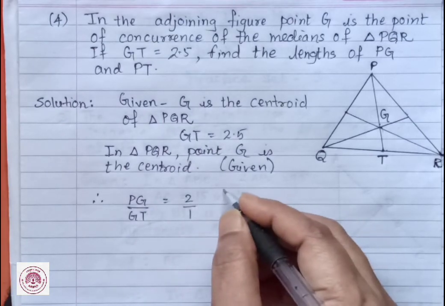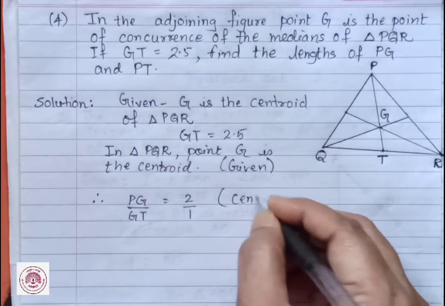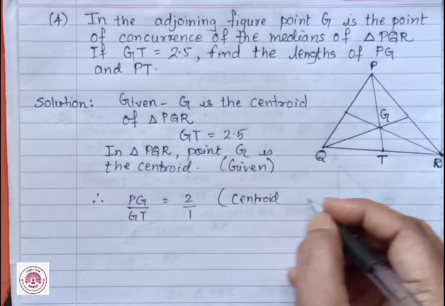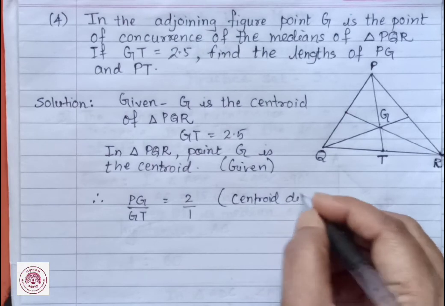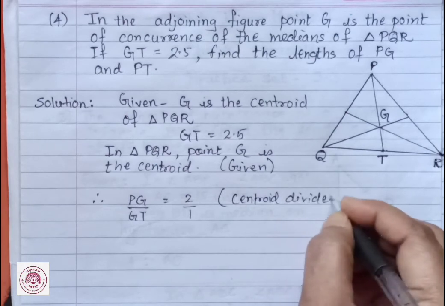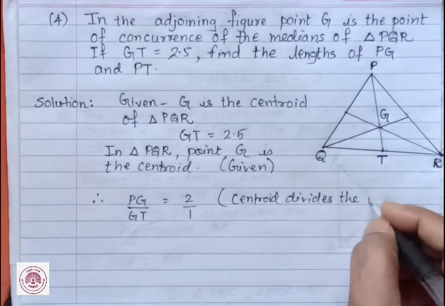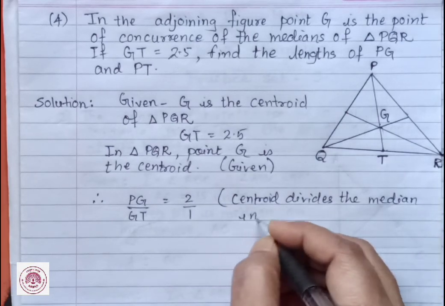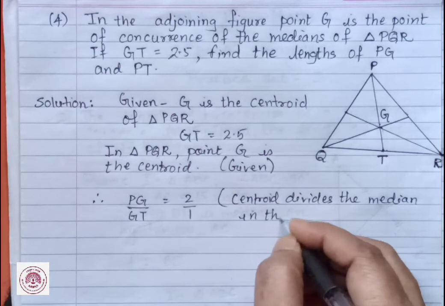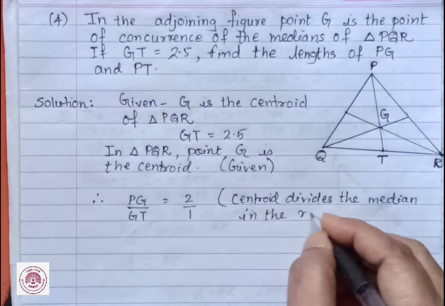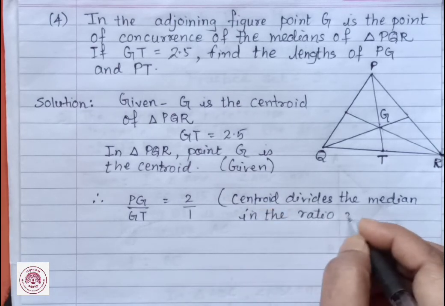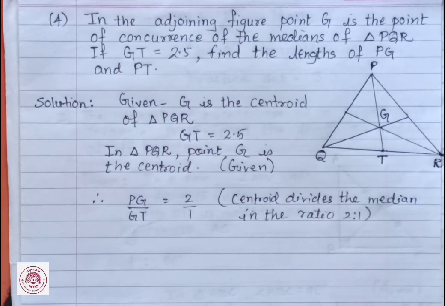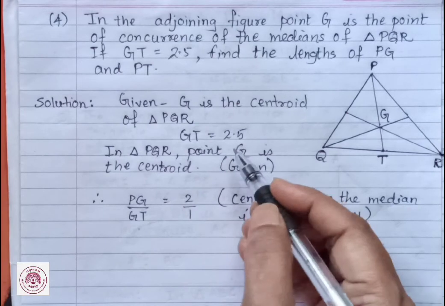So we will write down the property here: the centroid divides the median in the ratio 2:1.